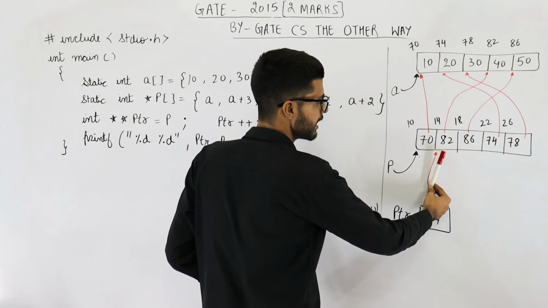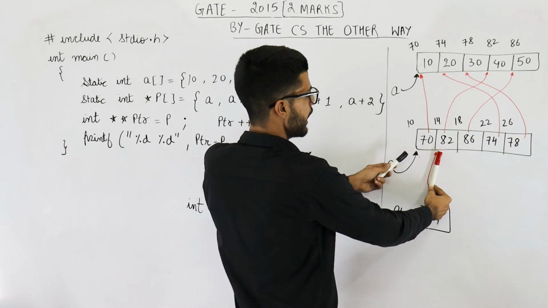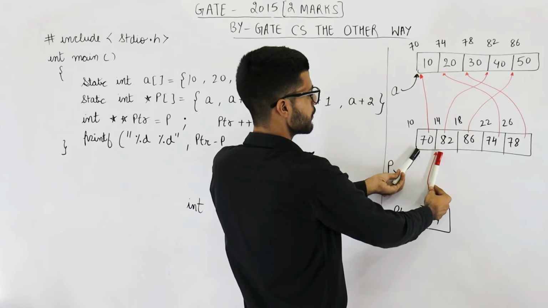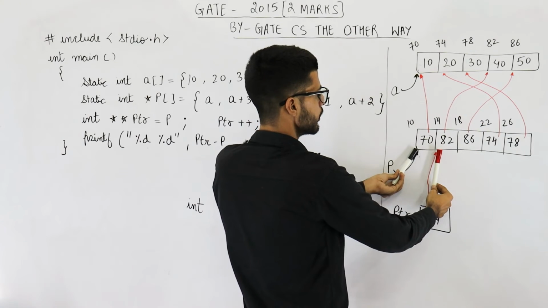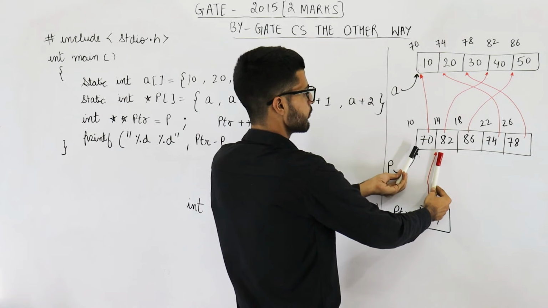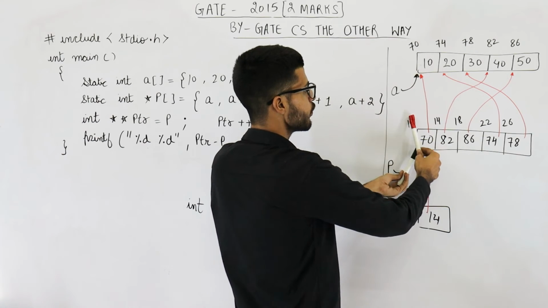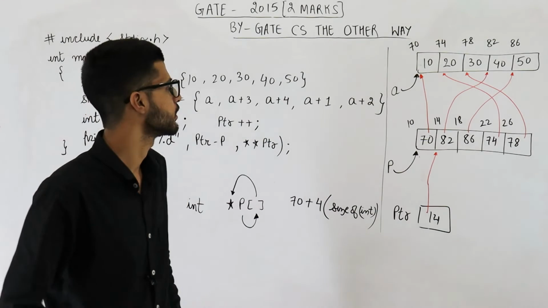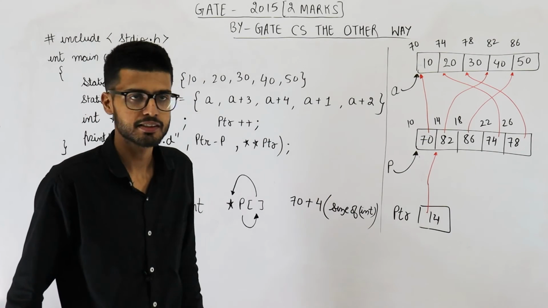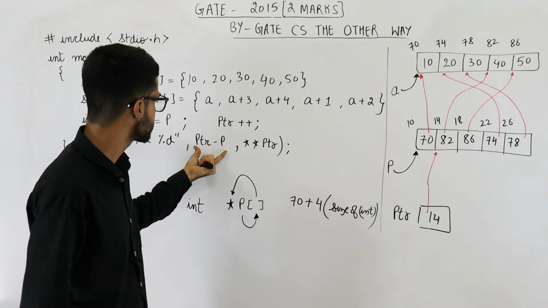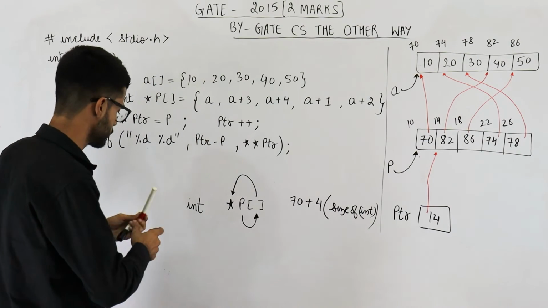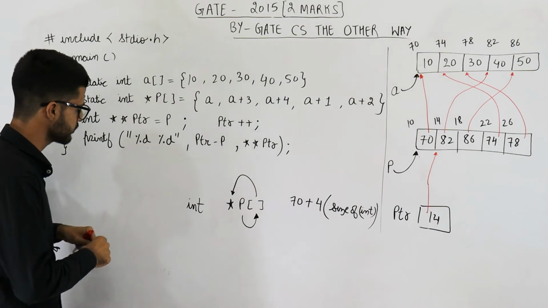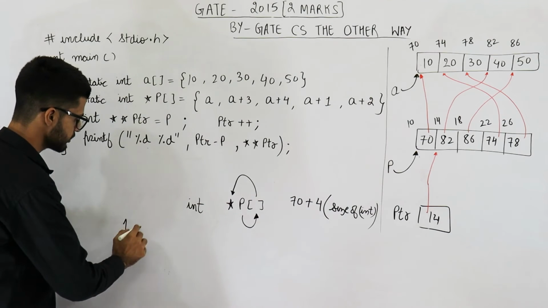Suppose this red marker is ptr and p is this black marker. From this you want to subtract this. That means from 14 you want to subtract 10. Please don't say the answer is 4. The answer will be 1 because we have to follow pointer arithmetic. So this will result in 1, and in place of the first percent d, 1 is printed.